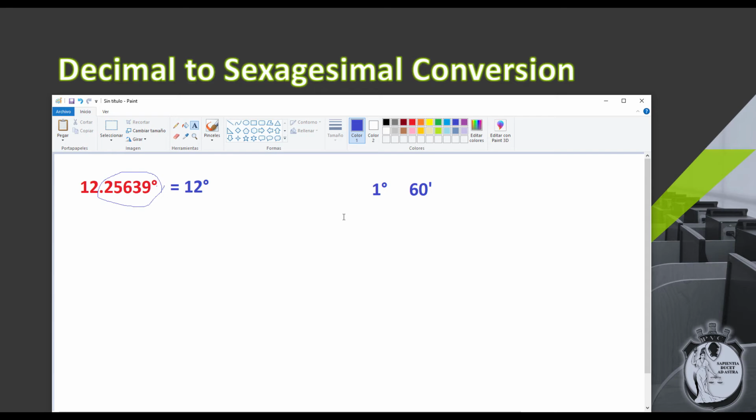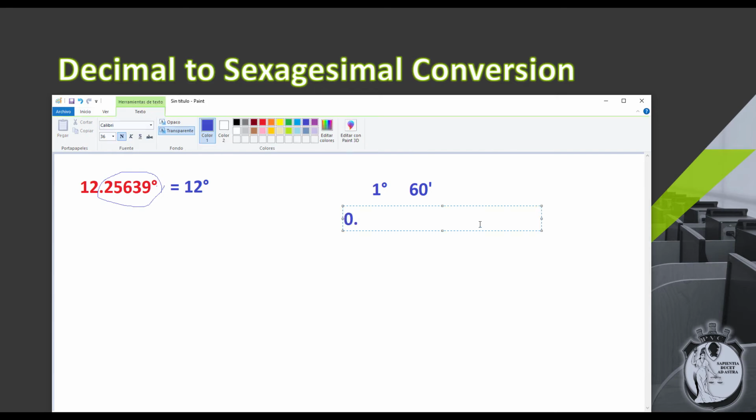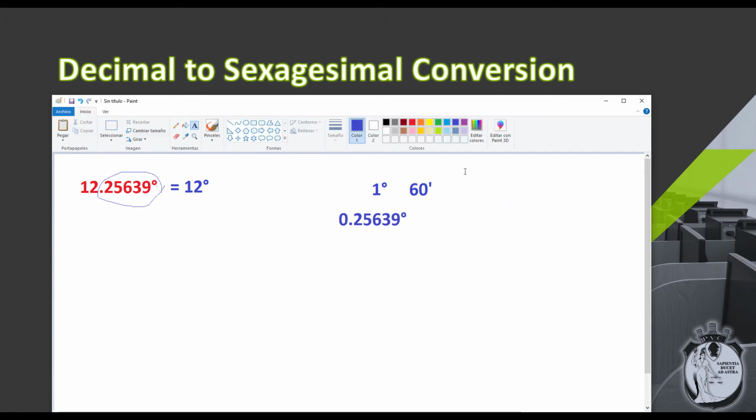Remember, there are degrees. You need to convert to minutes. To convert that, again rule of 3, multiply by 60 and divide by 1. But when you divide one value by 1, it's the same value, so it's not necessary to do the last operation. You only need to multiply by 60.